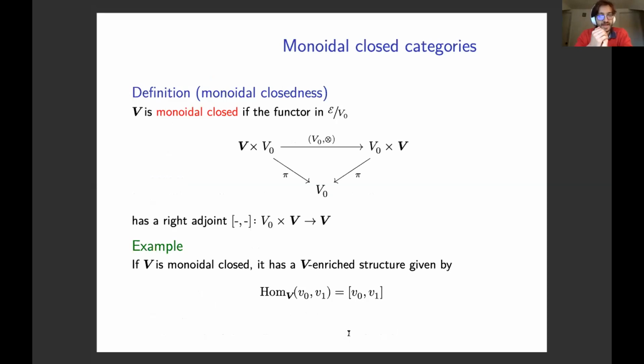And again, as is true in the standard setting of enriched categories, if our enriching category is monoidal closed, then it has an enrichment over itself given by the monoidal closed structure.